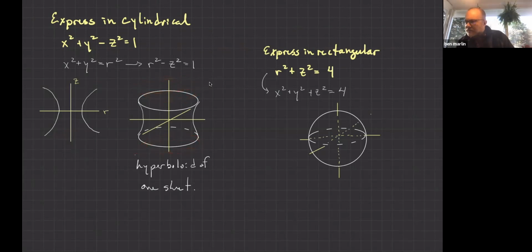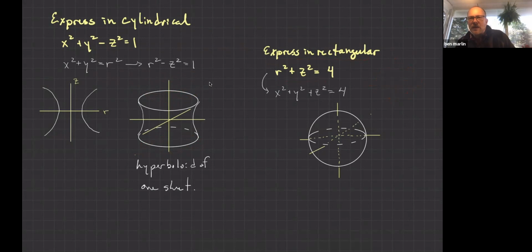Okay, so seeing hyperboloids in cylindrical coordinates is kind of convenient. Then another thing that's easy to express here is seeing something about the equation r squared plus z squared equals 4. If you again thought about that in the RZ plane, it would be a circle of radius 2 centered at the origin.